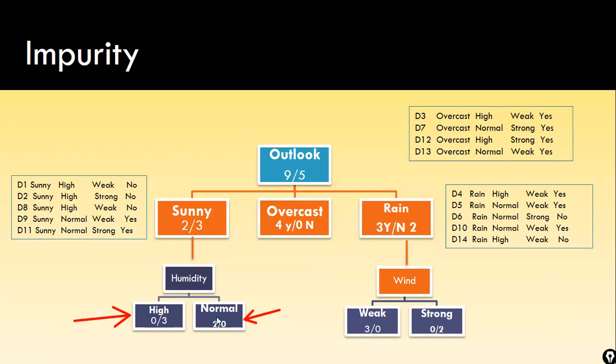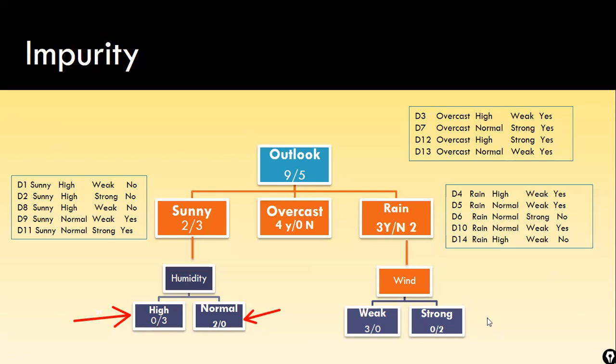Here we don't see any impurity at the first iteration itself, so we understood it doesn't require any further split. Whereas in these two subsets, we found impurity and it requires further splitting. After splitting this, it became pure. So this is what impurity is, okay?